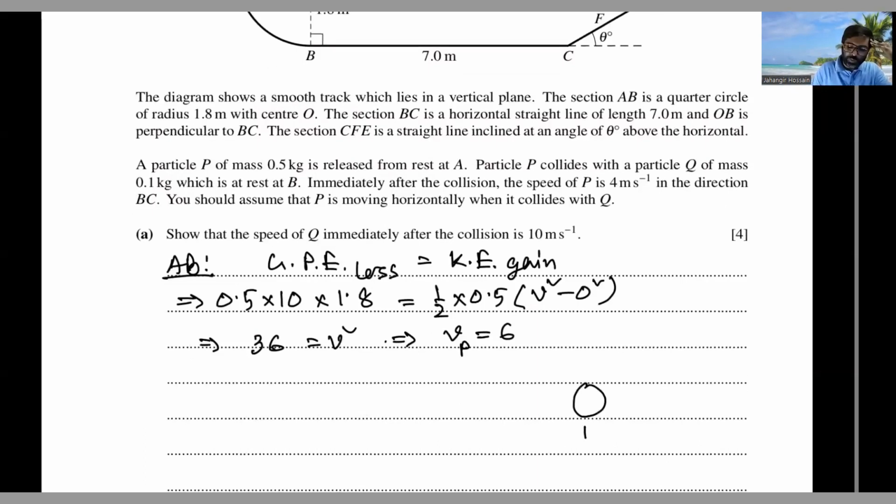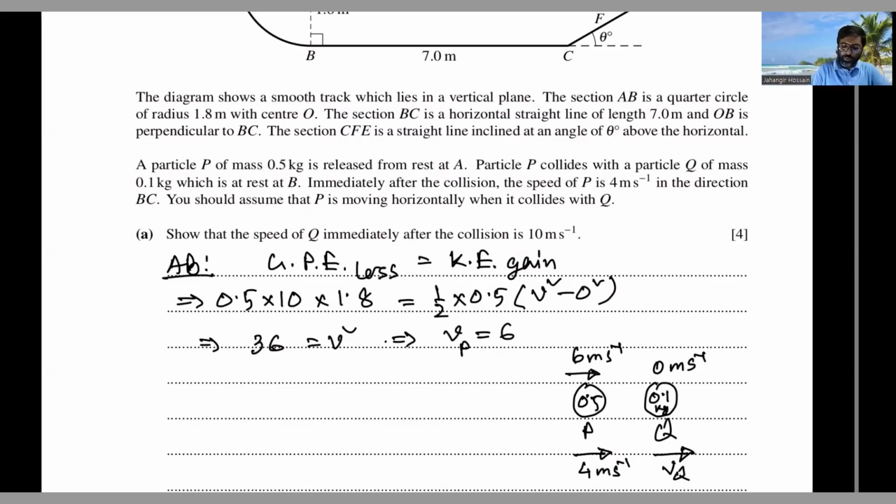So P, mass 0.5 kg, is moving with speed 6 meter per second just before hitting Q, which is at rest, and the mass of Q is 0.1 kg. After the collision, P moves with speed 4 meter per second horizontally, in the same direction, and the speed of Q is unknown.